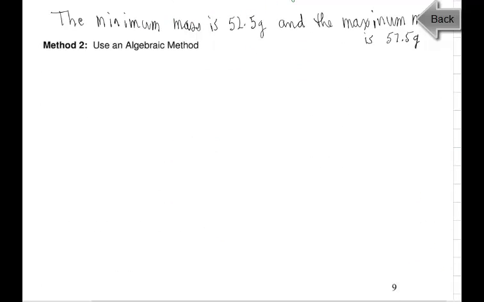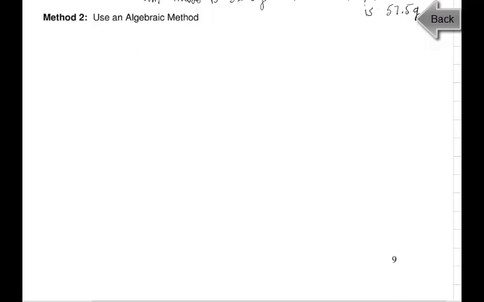All right, so let's take a look at this algebraically. We already have our absolute value function, which is |m minus 55| equals 2.5. Okay, remember we have two cases. Case 1, where we want to take a look at where m minus 55 is positive, so greater than or equal to 0.